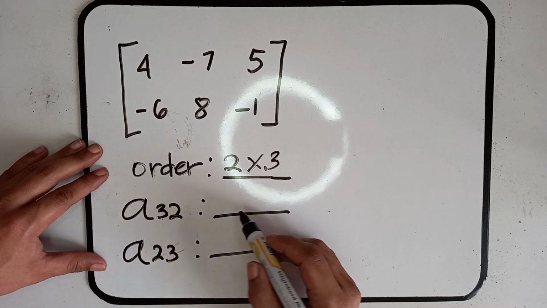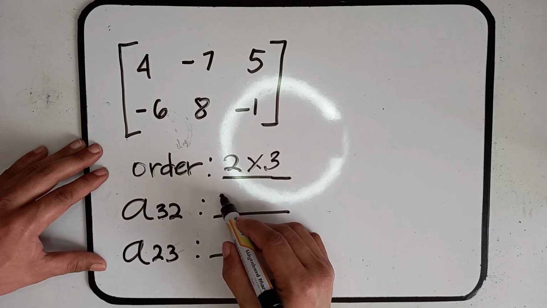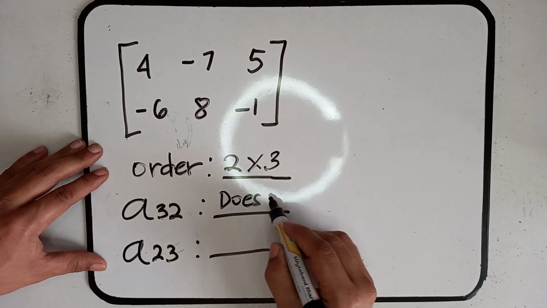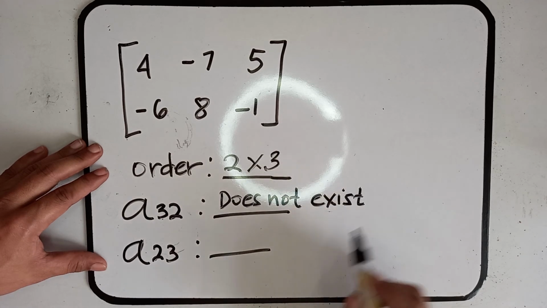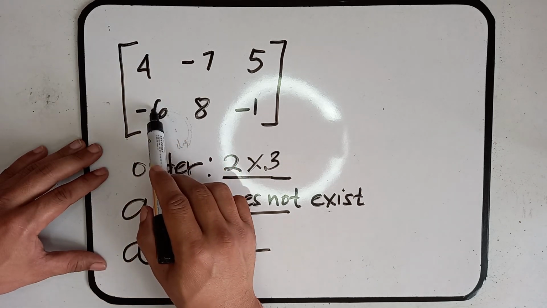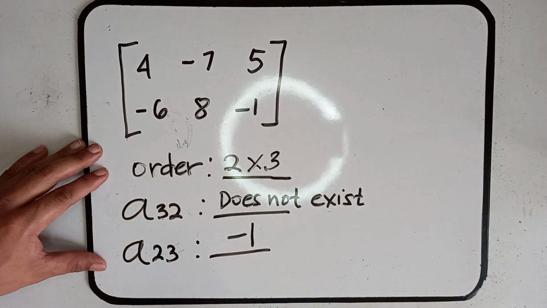A32 does not exist. A sub 23. So let's look for row 2 column 3. Row 2 column 3. So this is -1. Okay.